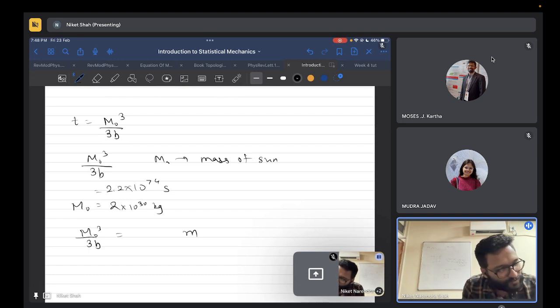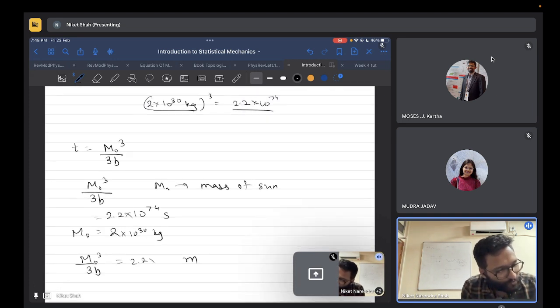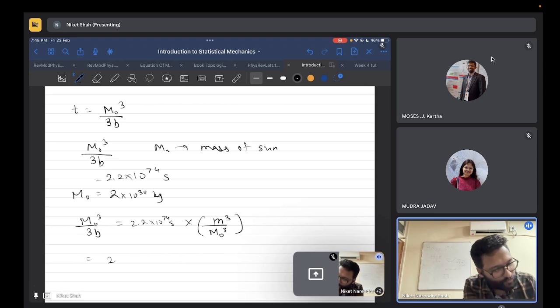What I want is the time required for the small ball of mass m to evaporate. So I can just simply do this. m0 cube by 3b is just this 2.2 into 10 raised to the power 74 seconds. I will divide it by m0 cube, the mass of the sun cubed, and multiply it by m cube, which is the mass of the small ball. So this is just 2.2 into 10 raised to the power 74 seconds divided by the mass of the sun, 2 into 10 raised to the power of 30 kgs, the whole cube, multiplied by the small mass.